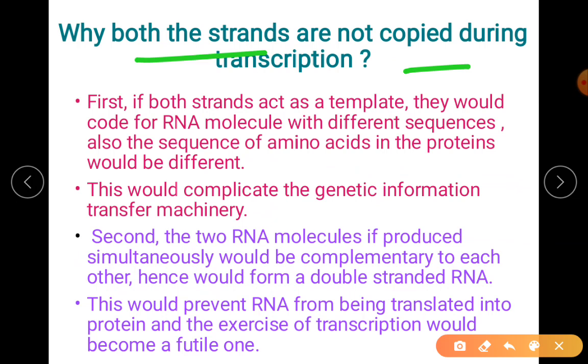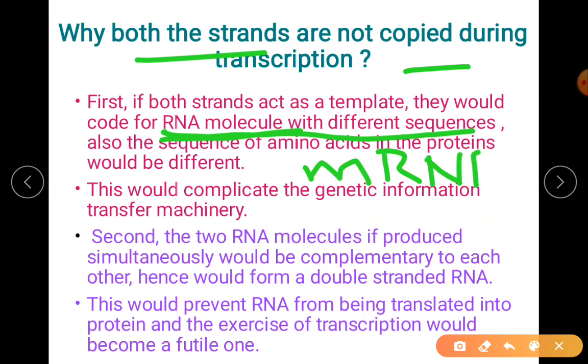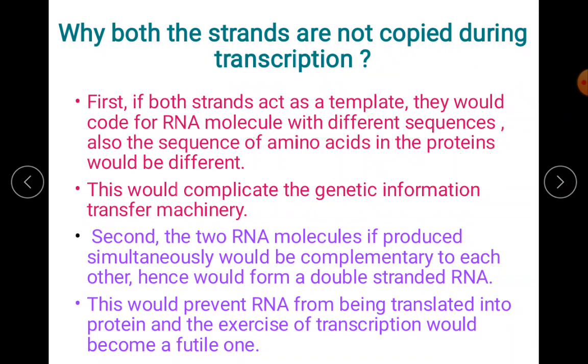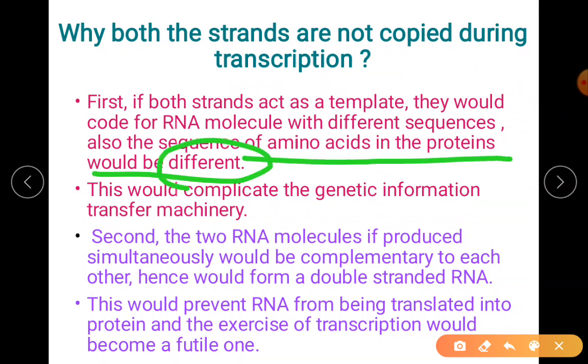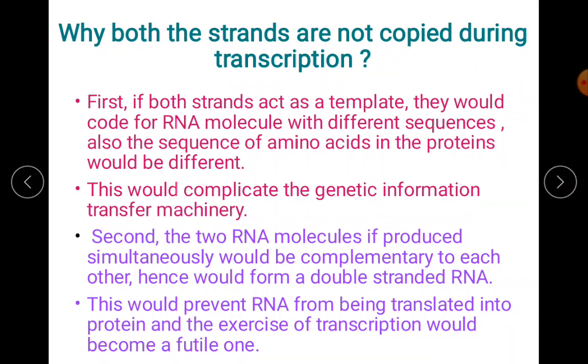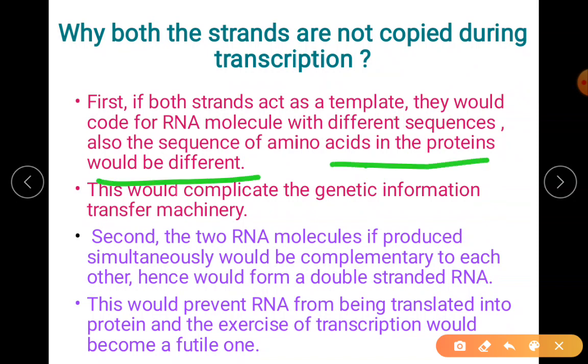Okay, if the question is asked why both the strands are not copied during transcription, first you should know that if it does so, the RNA molecule will have different sequences. When I say RNA, I'm talking about the mRNA. So the mRNA, which was supposed to express or produce proteins, will have different sequences, which will again produce different proteins. The sequence of amino acids in the protein also will be different. You'll understand this better when we study translation. Whatever sequence is there in the antisense strand is important for your genetic information to be expressed.